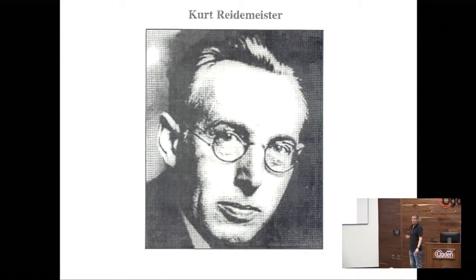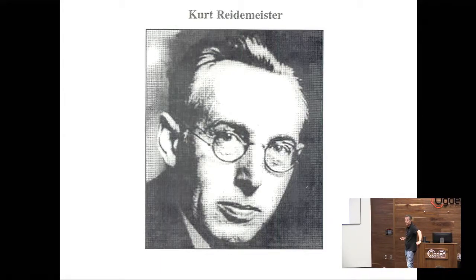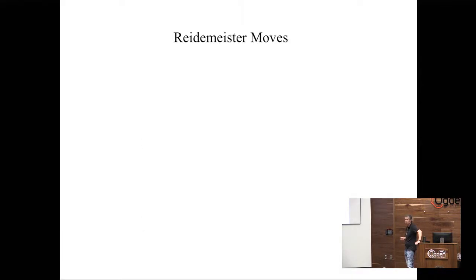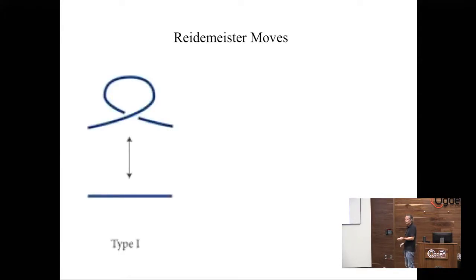Kurt Reidemeister pointed out a very important fact, which is that if you have different projections of the same knot, you can actually get from one to the other by what are called Reidemeister moves. And I'm going to tell you about Reidemeister moves for those of you who are unfamiliar with them. You can do certain things to a diagram of a knot, and it doesn't change which knot it is. So for instance, you can do a type 1 move where I take a part of the strand of the knot and just put a little twist in it. That's not going to change the knot because I haven't passed the knot through itself.